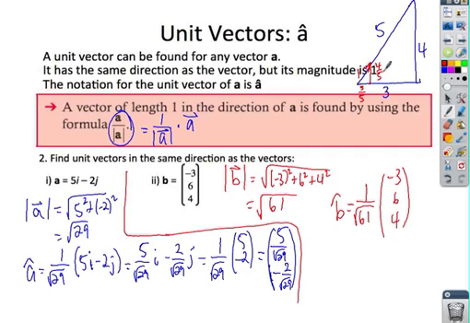And so this vector as a unit vector would be 3/5 i plus 4/5 j. Okay, and that's what makes it a unit vector.